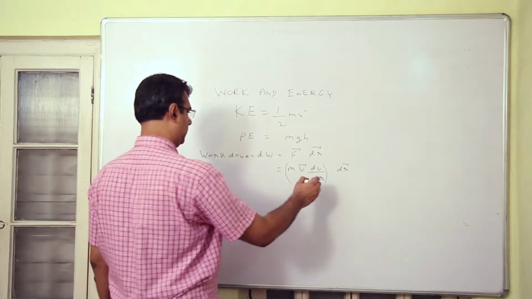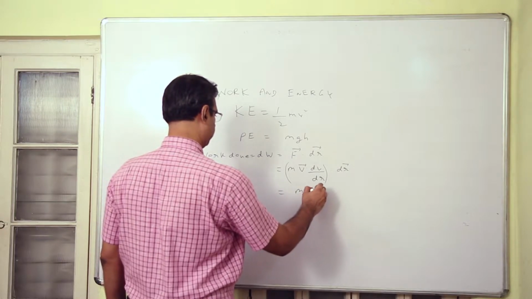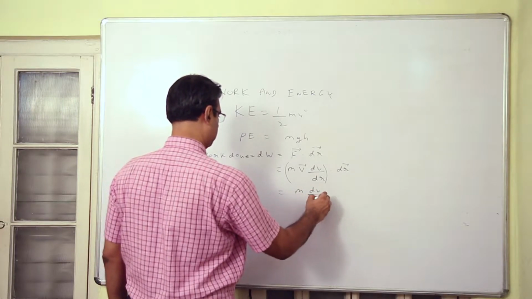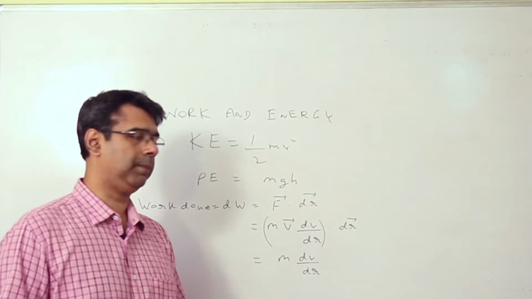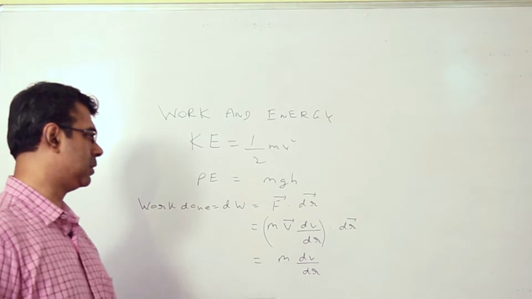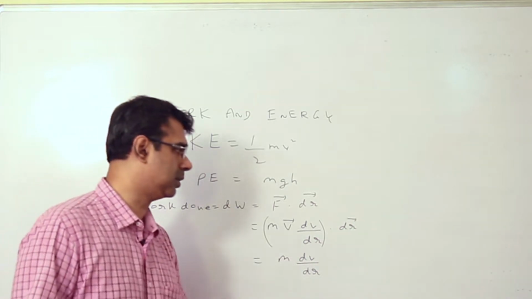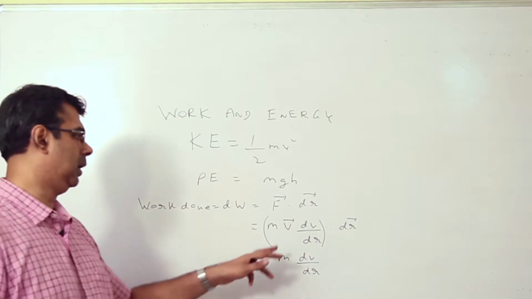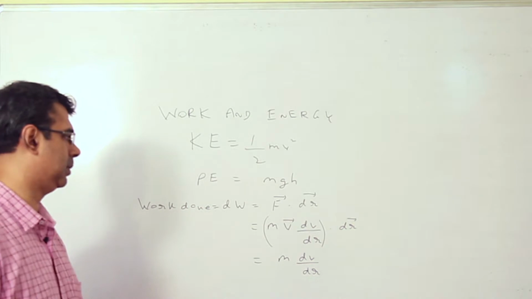Now in this expression you will see that there are two vectors, vector v and vector dr, which will always be in the same direction, because if a particle is undergoing a displacement, the direction of velocity has to be the same as the direction of displacement.